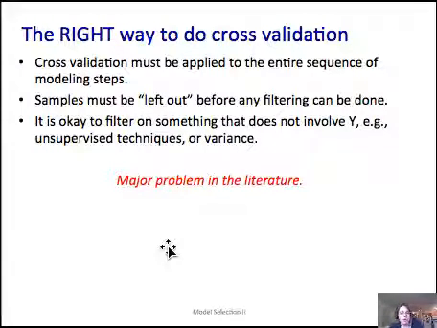And the right way to do it would be to bring in the cross-validation at the very beginning. You have to consider it when you do the feature selection. It must be applied to the entire sequence of modeling steps. Samples must be left out before any filtering can be done. It's okay to filter on something that does not involve Y, for example, unsupervised techniques or variants, or univariate t-tests.